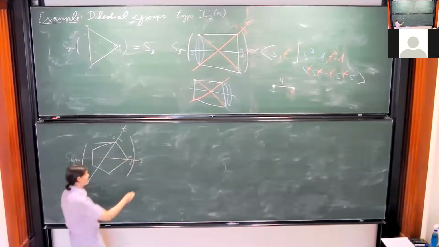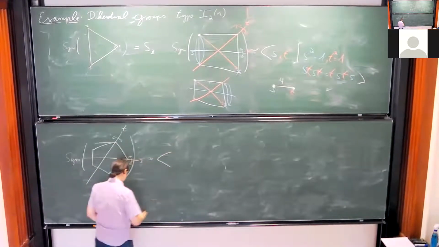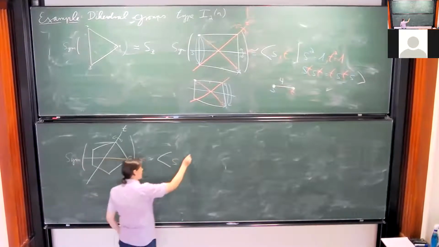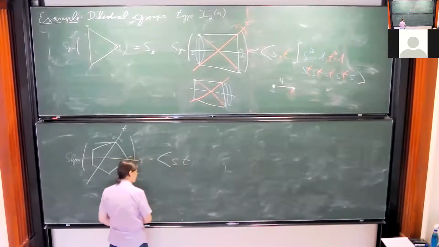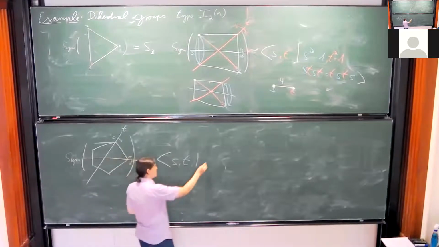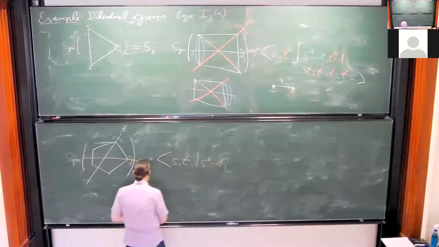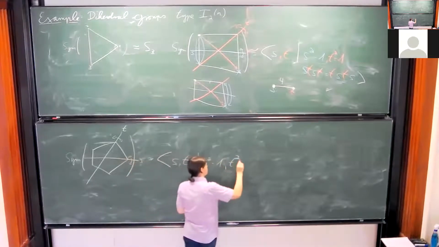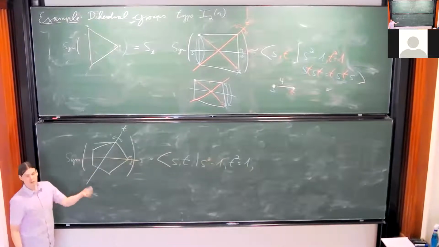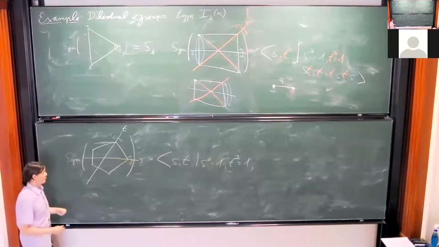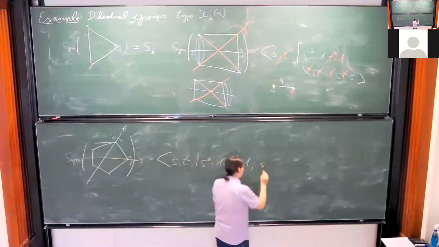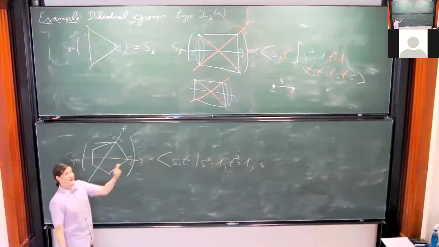In any case, you can check that this is actually equal to our Coxeter group, generated by S and T. Well, they're reflections, so S squared equals 1. And the crucial thing would be the braid kind of relations. I don't want to do it live now because I would mess it up and I'm also running bad on time. But you can check in this case that it's a pentagon and you get a relation of order 5.